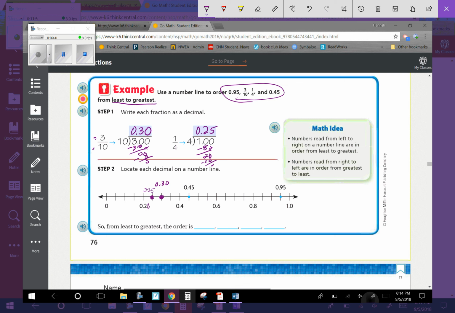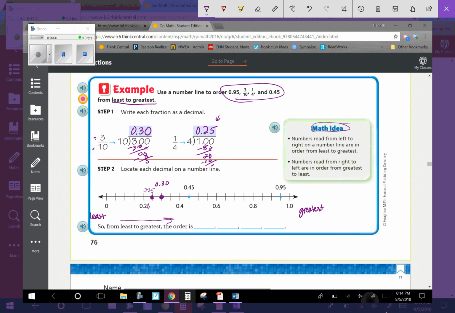So the order from least to greatest, over here on Math Idea, it says numbers read from left to right on a number line are in order from least to greatest. So this is least, this is greatest, so I'm going to go left to right. The first number is 25 hundredths, but I'm not writing it like that.